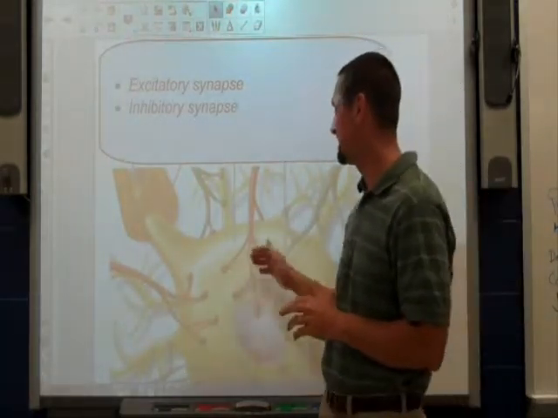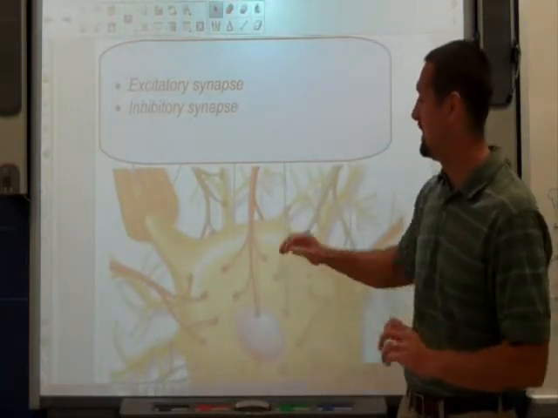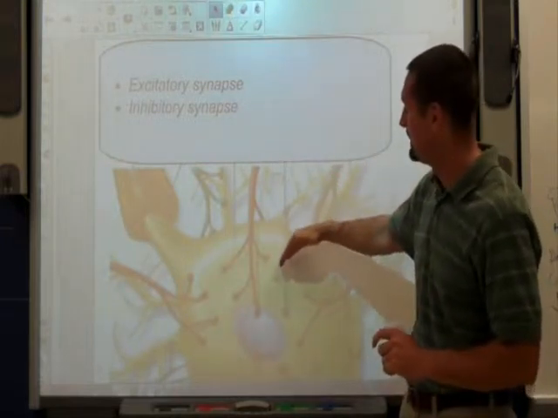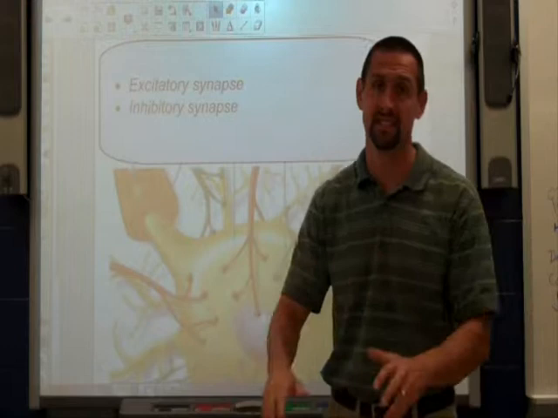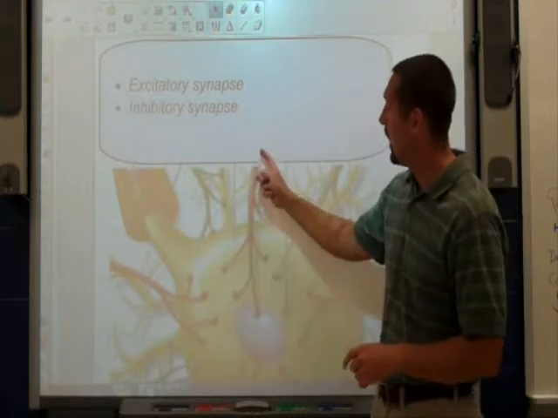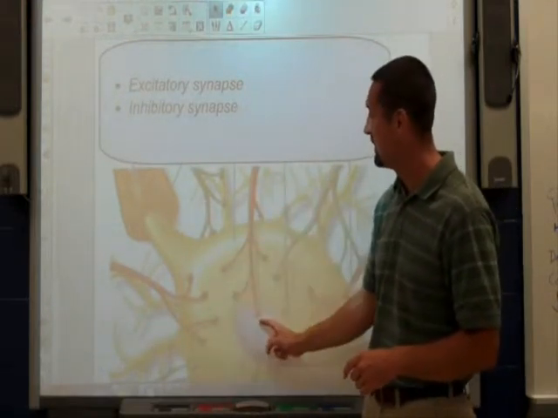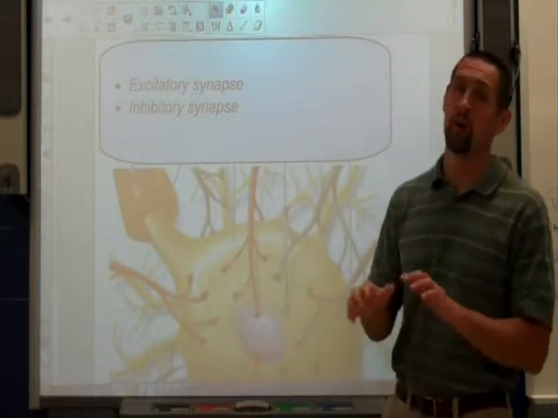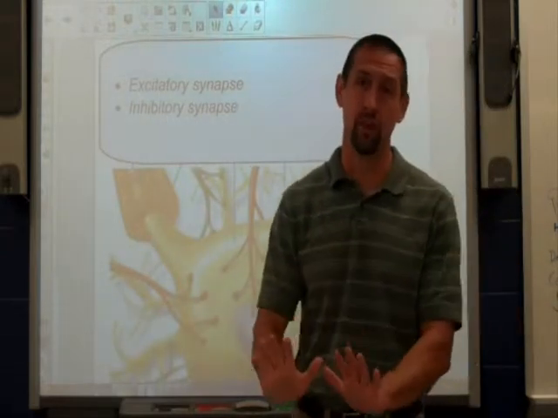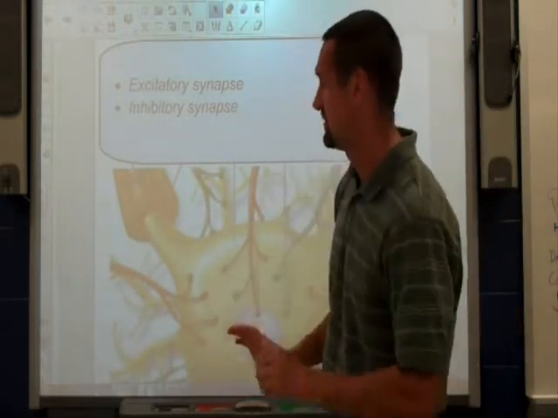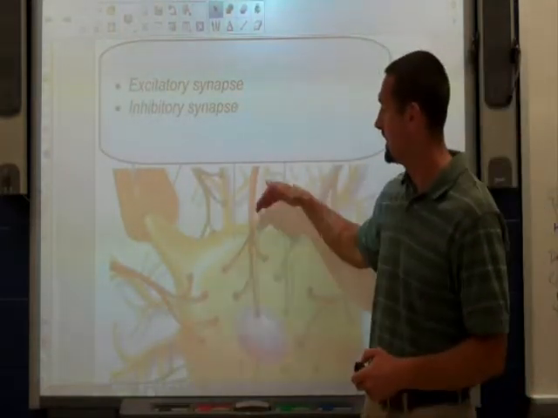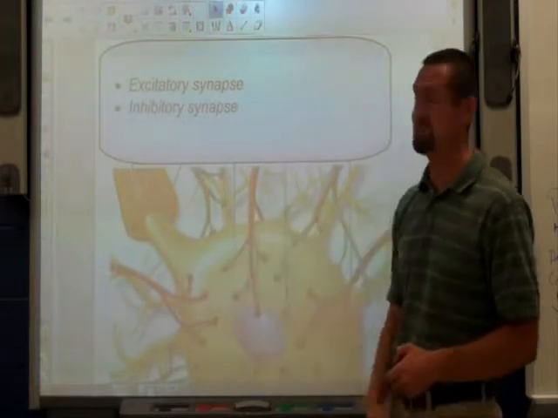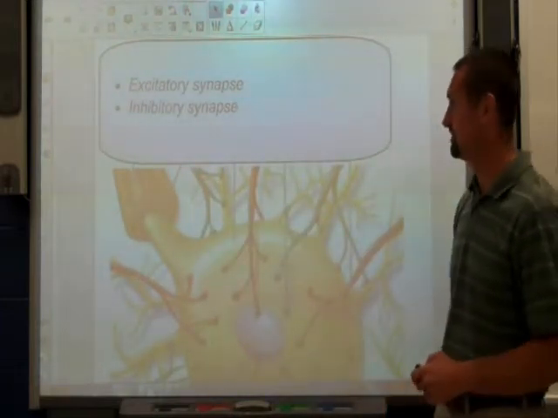So sometimes the signal is yes, so we're getting information from this nerve telling this nerve cell, yes, send the impulse. Other nerve endings here are releasing a neurotransmitter saying, no, inhibit the impulse. Slow it down, stop it. So some signals, yes, go. Some signals, no, don't.